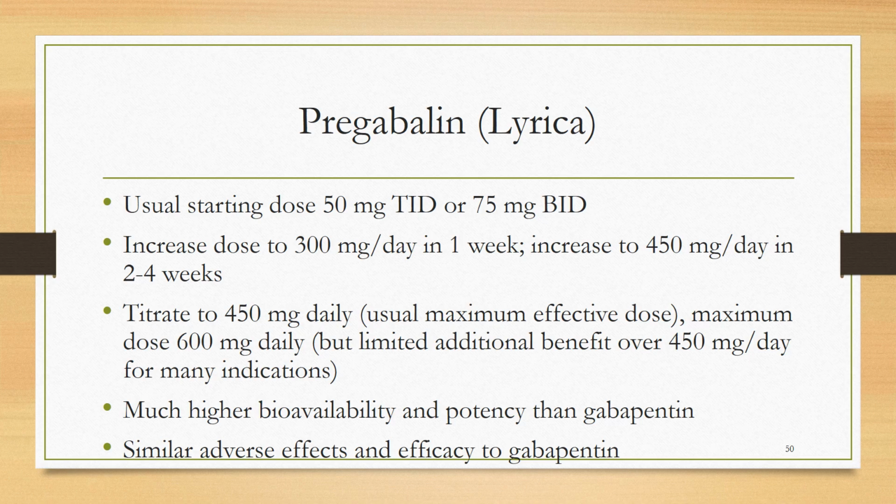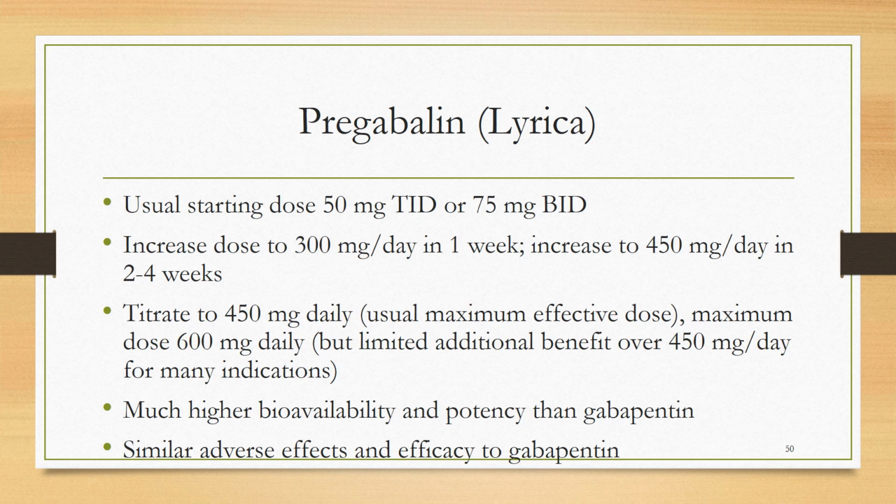And then we have pregabalin, which is a far more potent form of gabapentin. And so think of pregabalin like gabapentin 2.0. You need lower doses. You're still giving it 3 times a day. You can increase to 300 milligrams a day in 1 week and 450 milligrams a day in 2 to 4 weeks.